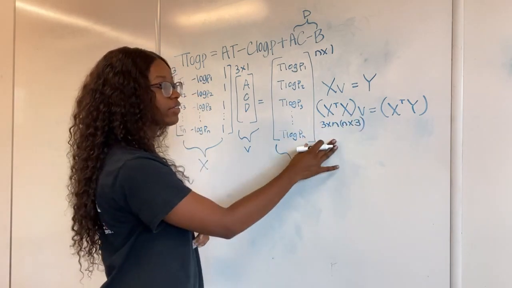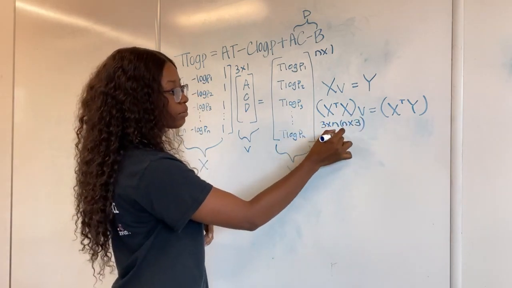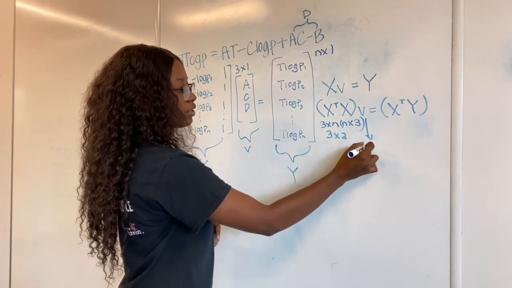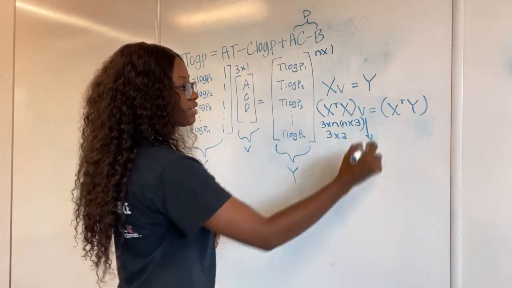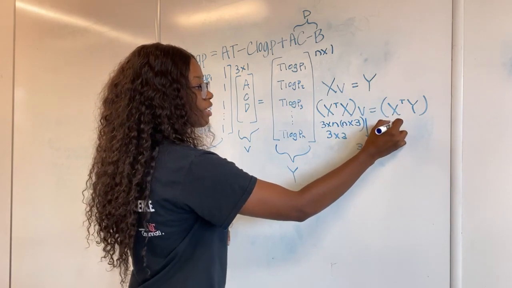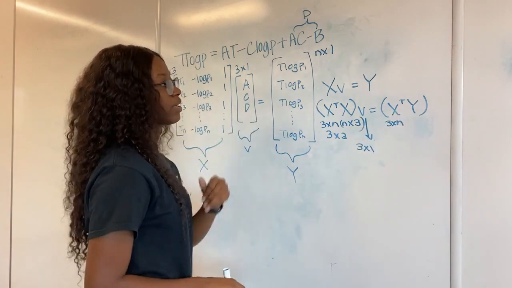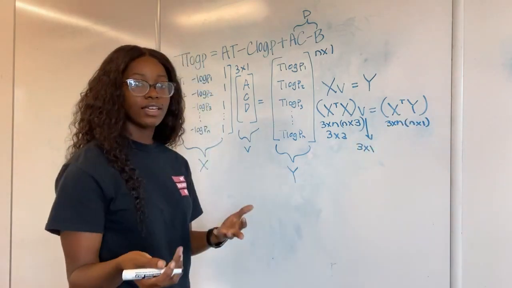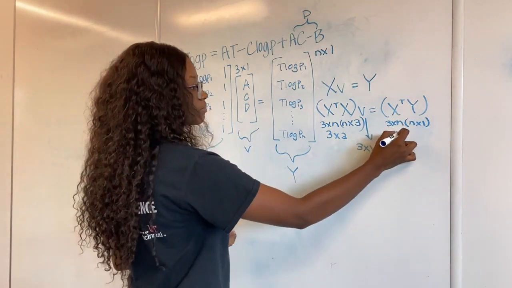So multiplying these together, we now get a 3 by 3 matrix. And remember, our vector is a 3 by 1, and our Y matrix is an n by 1. Which means when we multiply these together, we get a 3 by 1 matrix.